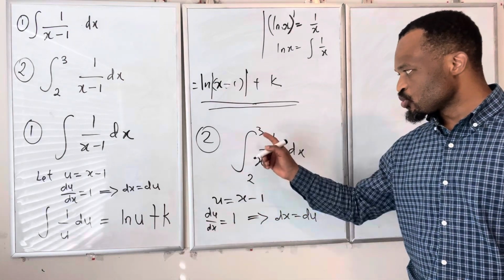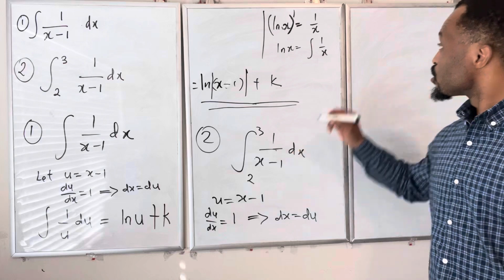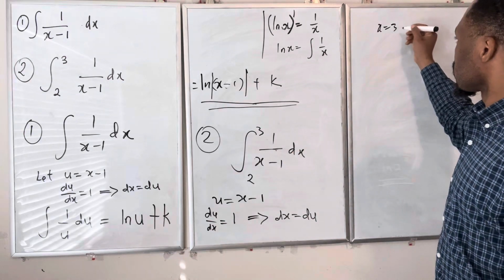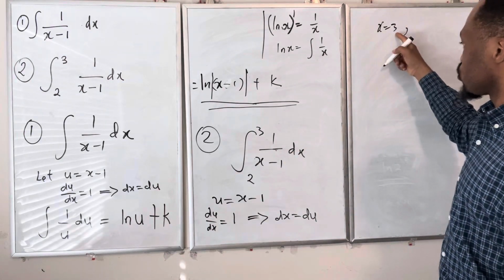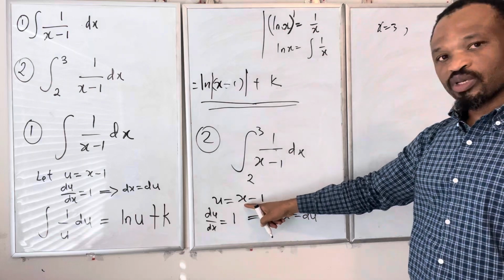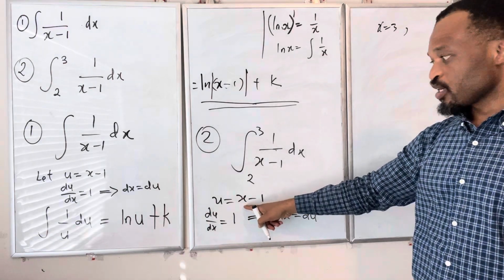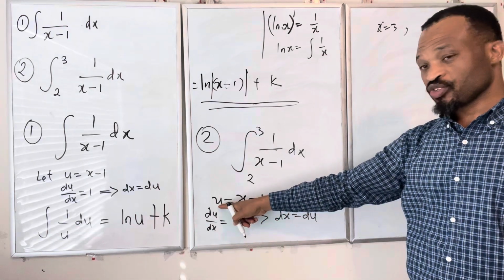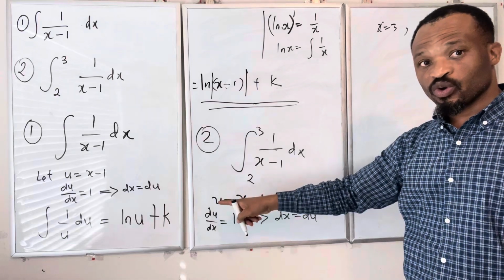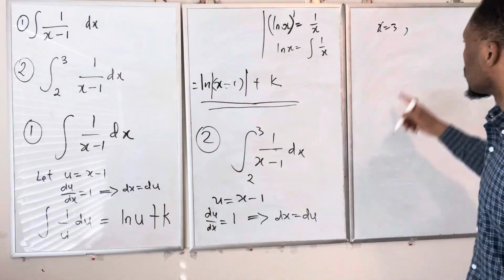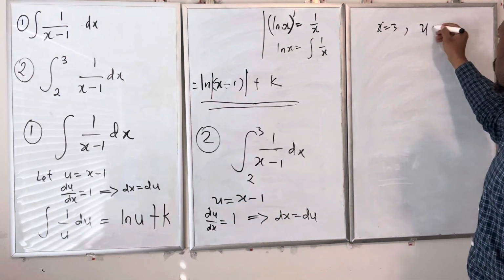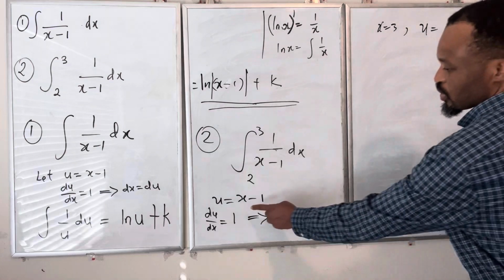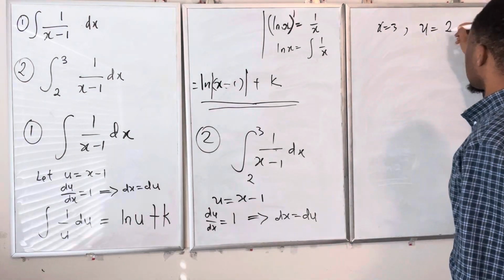We'll now substitute the limits. When x is equal to 3, substitute x equals 3 to get the upper limit of integration for u. So u will be 3 minus 1, that's 2.